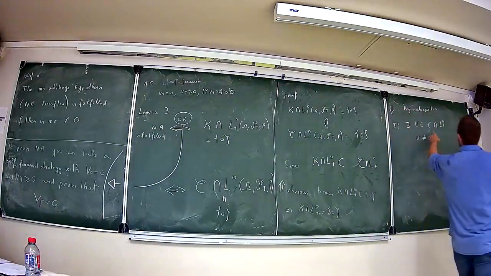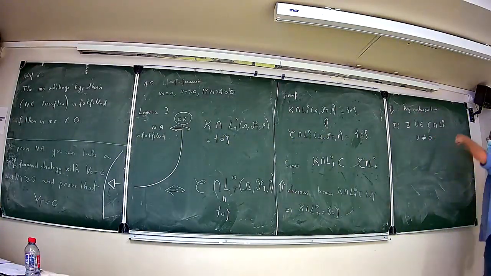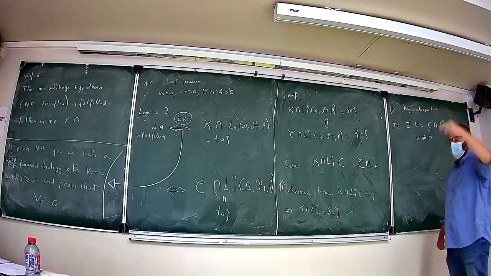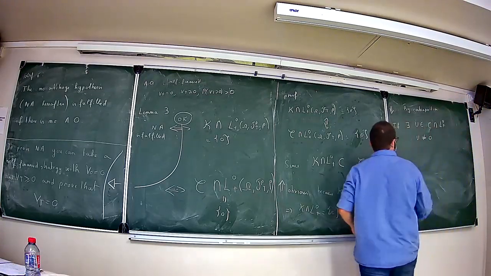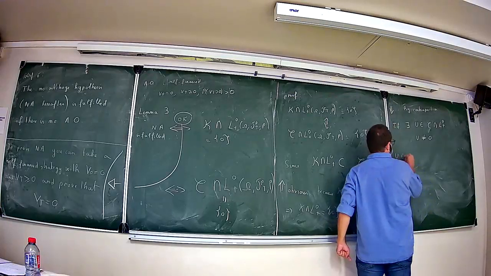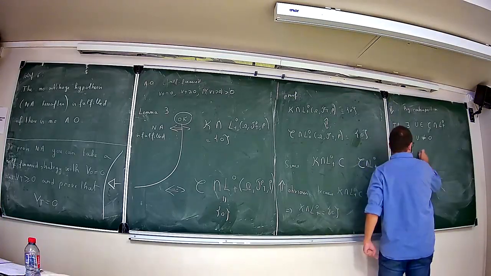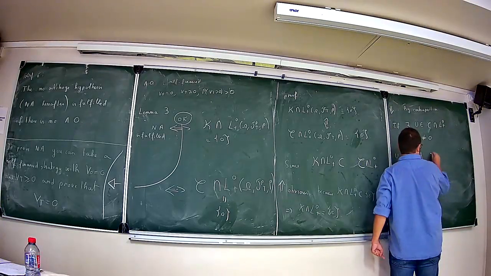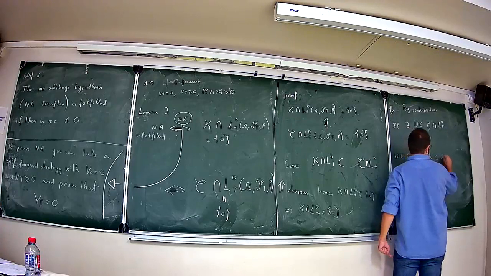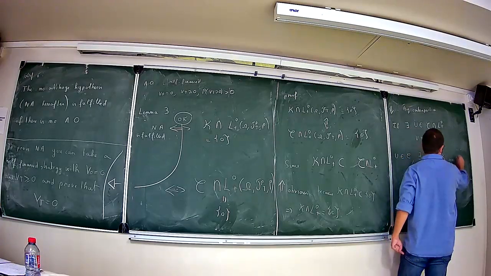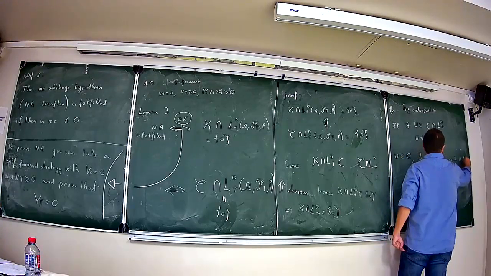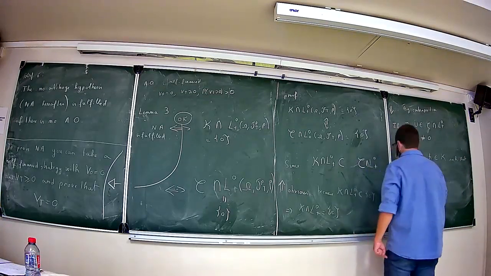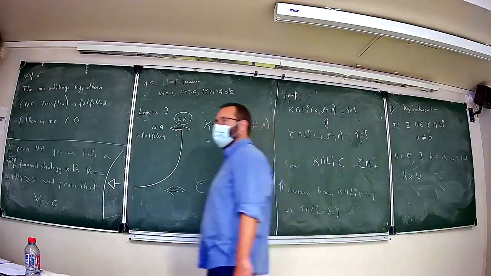So what is the meaning of being in C? It means that I am over-replicable at price 0. So U belonging to C, there exists, let's say, K belonging to calligraphic K, such that K is greater than U, because I am over-replicable.